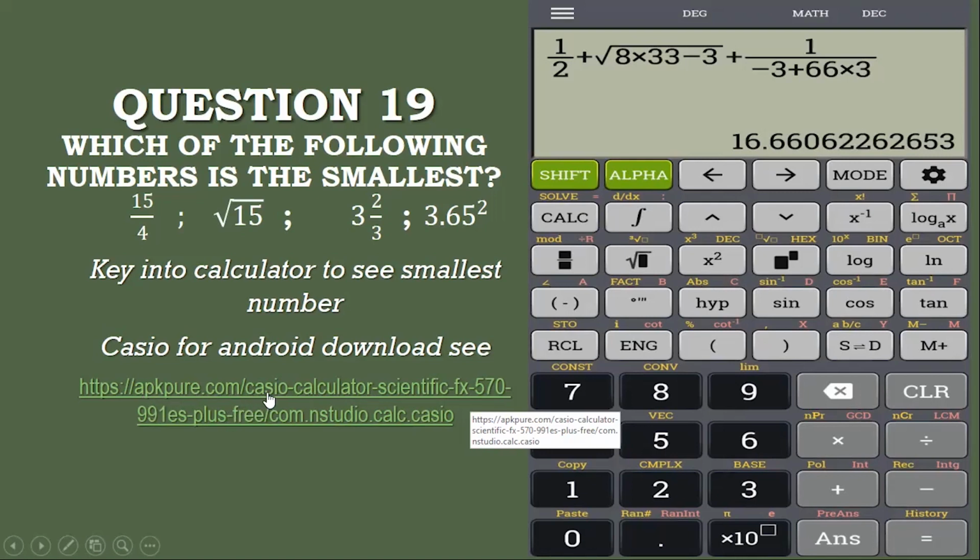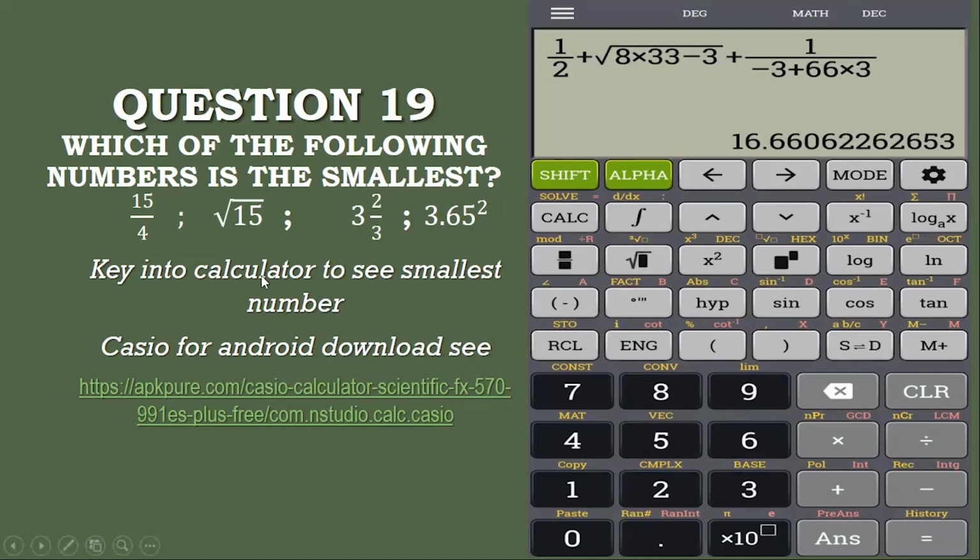Casio is the one that we prefer, and you can download it there. And then I just want to go through this with you. How do you do all of these? If you don't know, some of you know, but let me go for the benefit of everybody. If you take 15 over 4, use that key. Then with your arrows, you can go to the top one, and there you key in 15.